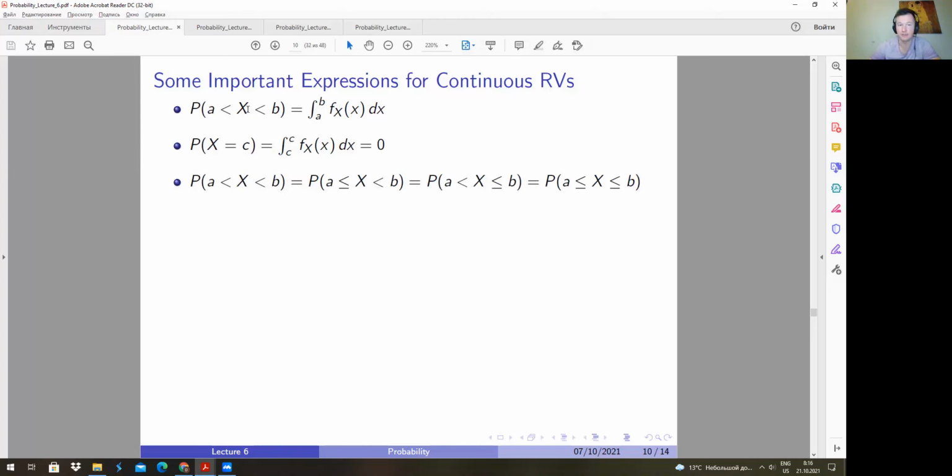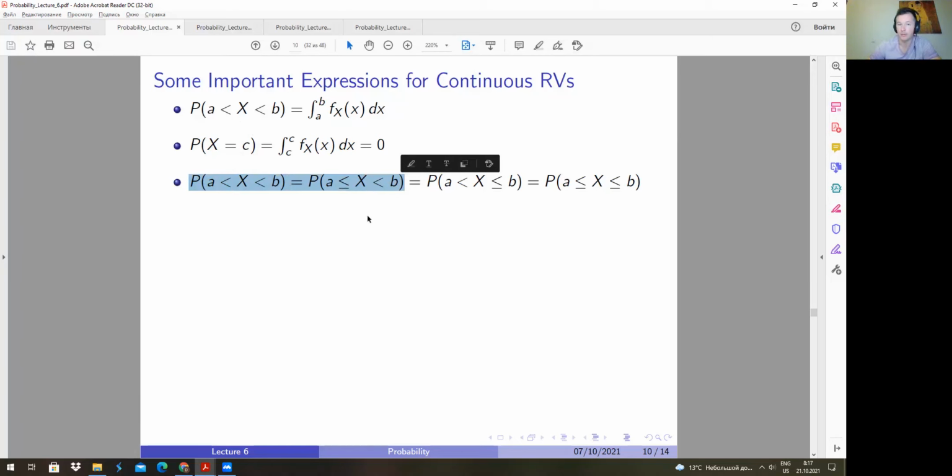Then, given these two properties, the first property and the second property, is there any difference between strict inequality and weak inequality? No. Why? Because if we compare these two cases, the probability that x is greater than a and less than b, and this one, the probability that x is less than b and greater than or equal to a, what's the difference between them?